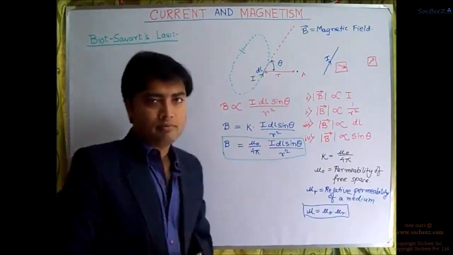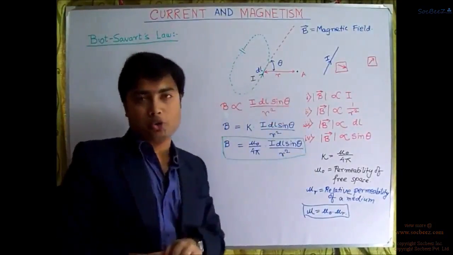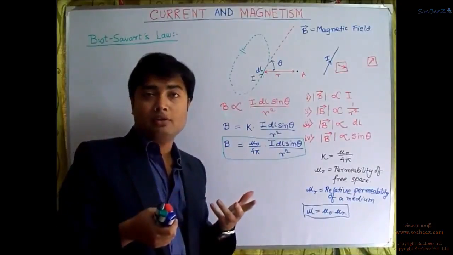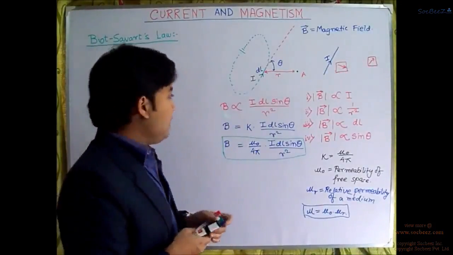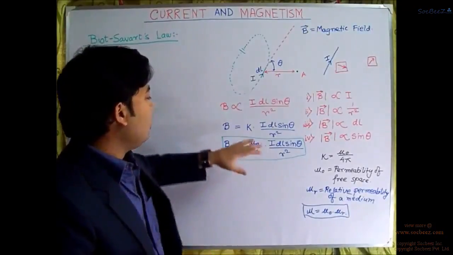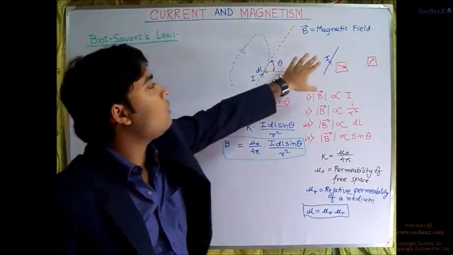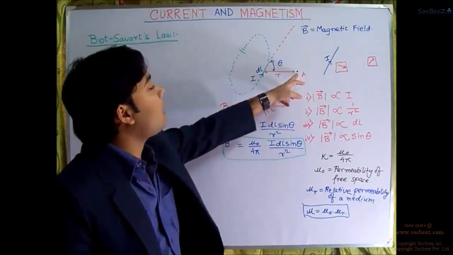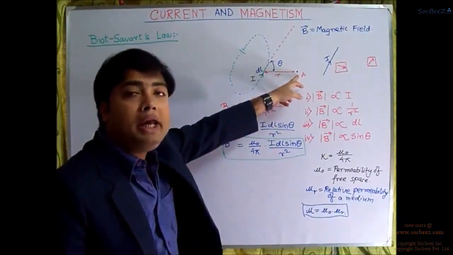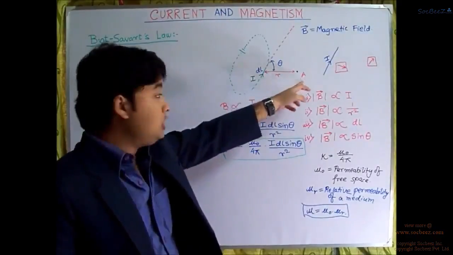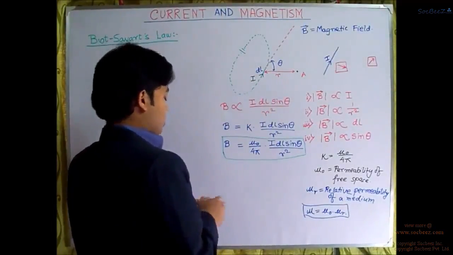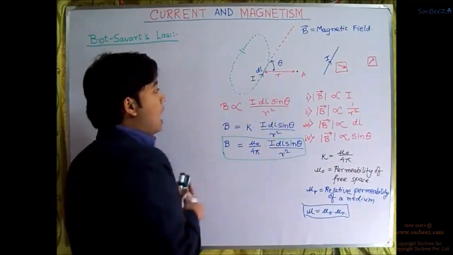Now, we were discussing the magnitude. And what about the direction? So for example, over here, we need to find out in which direction the magnetic field will act at A, or say, of the same arc.